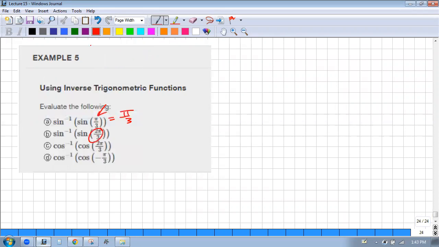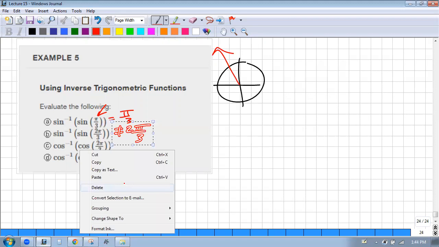However, this 2 pi over 3, where is that dude at? It's over here, right? Well, sine inverse is always going to give you something over there, so we know this is not going to be 2 pi over 3. That number cannot come out of sine inverse.